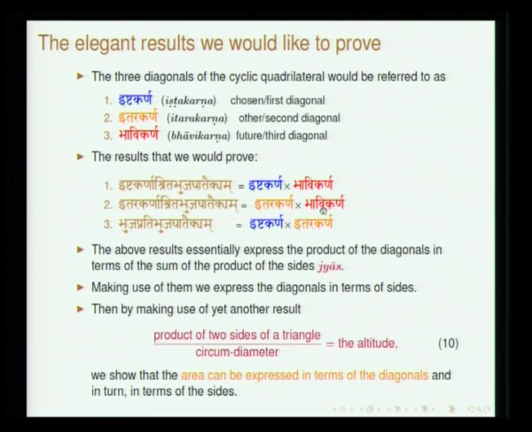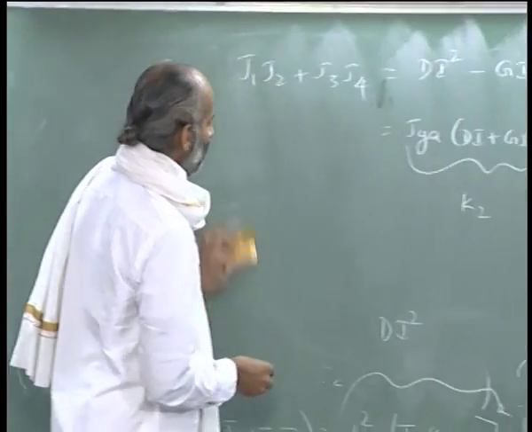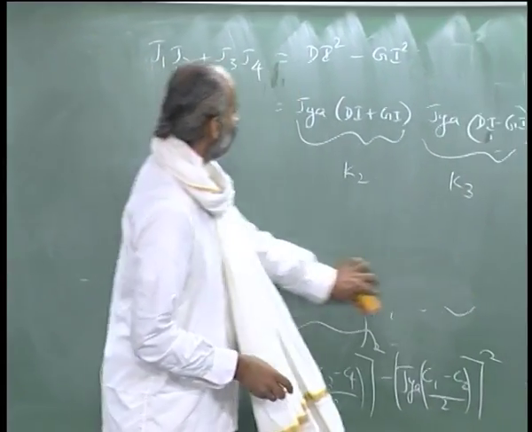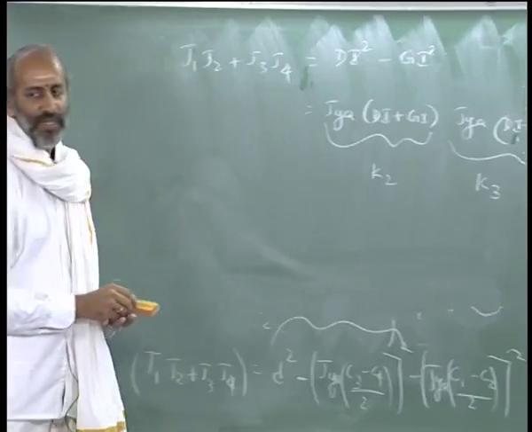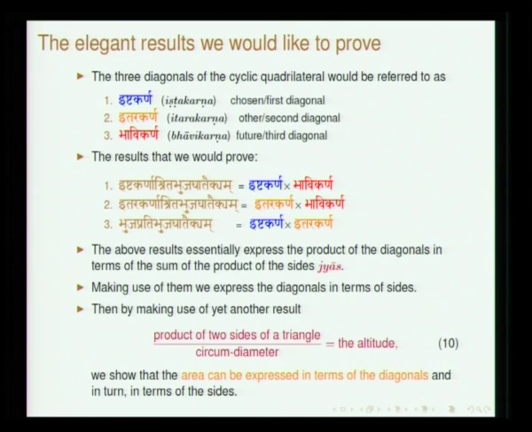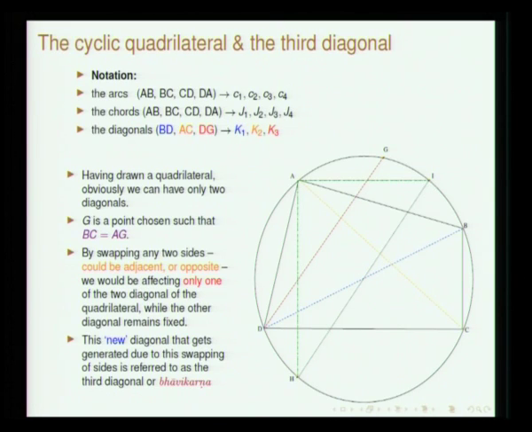Fine. So, we can just write it down. So, Itara Karna, in the diagram, Itara Karna is AC. So, this Bhujaghataikyam is going to be J1 and J2.